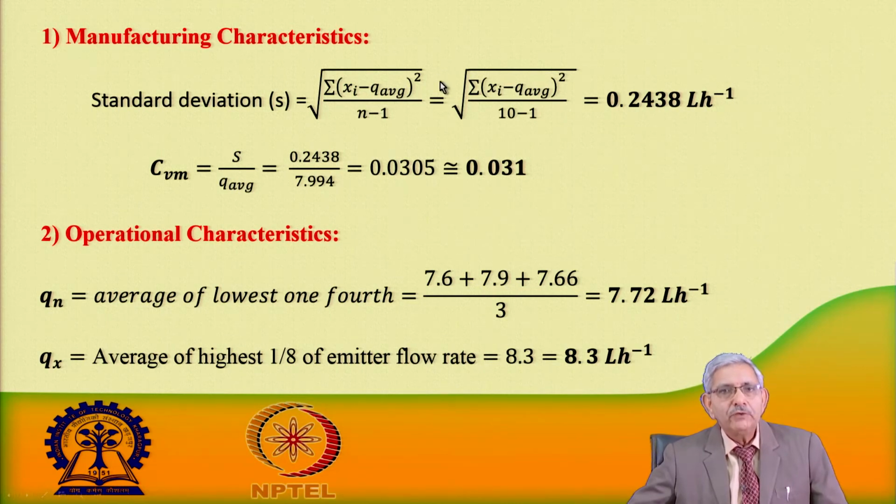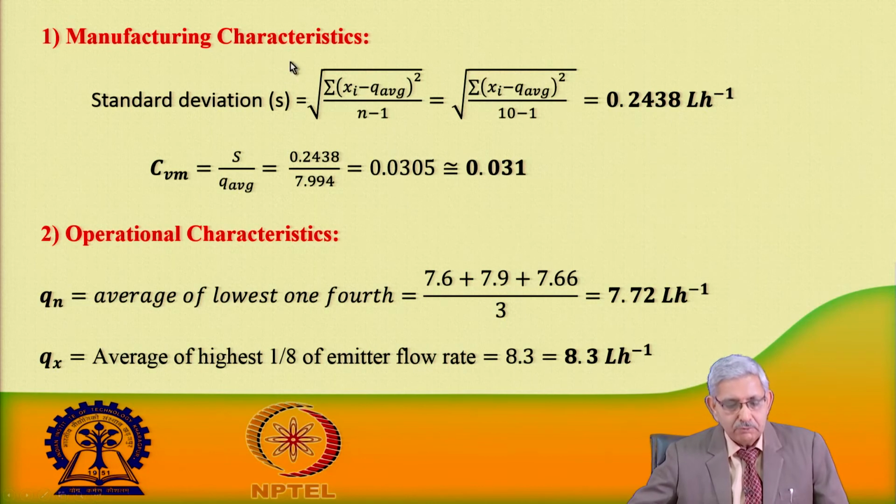Similarly, the manufacturing coefficient of variation, if you remember, is given by standard deviation divided by mean. So, we calculated the standard deviation.